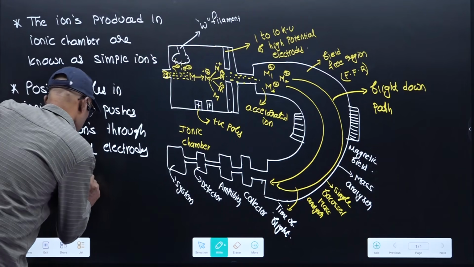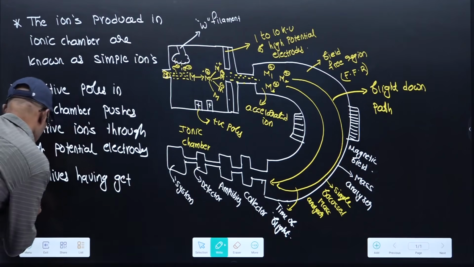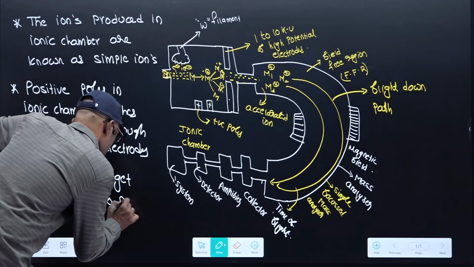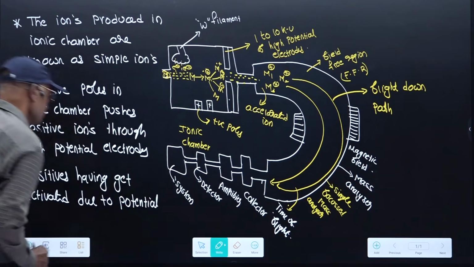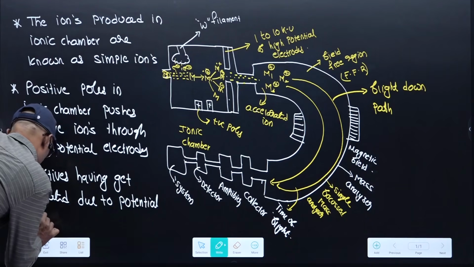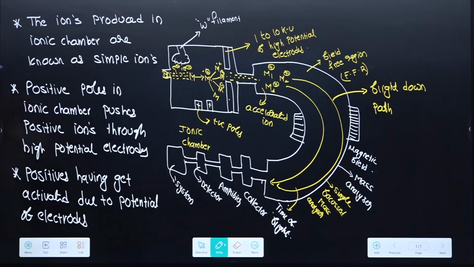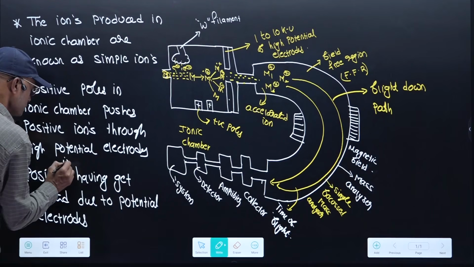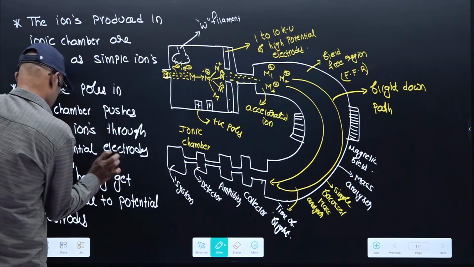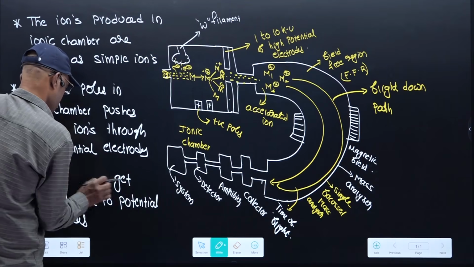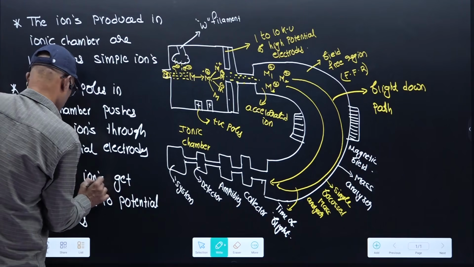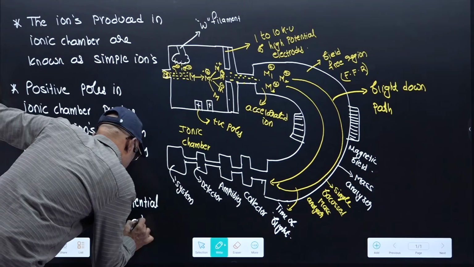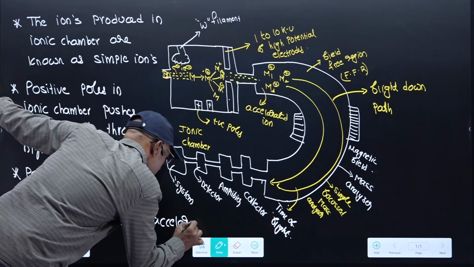Positive ions get activated due to the potential of electrodes, and are known as accelerated ions.